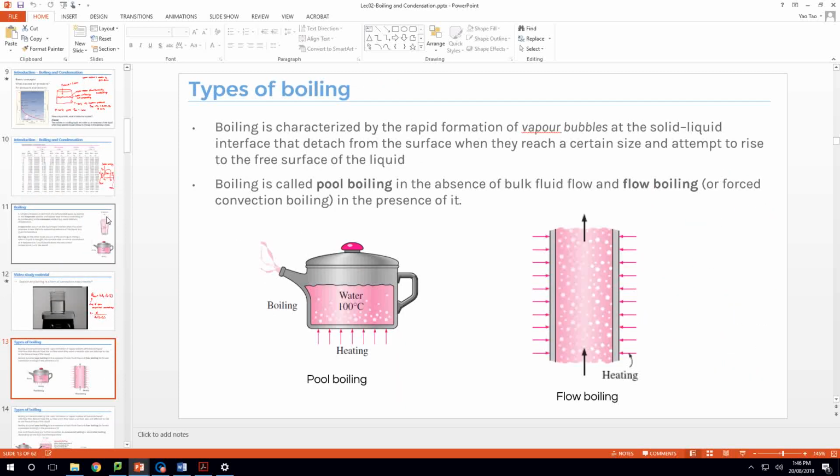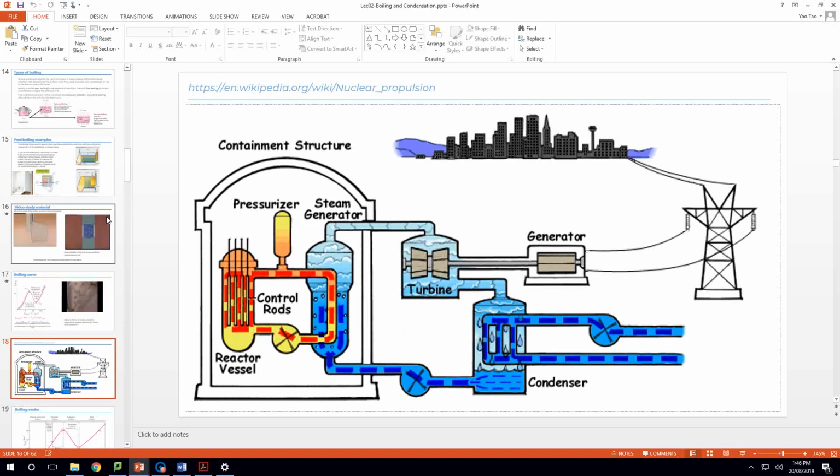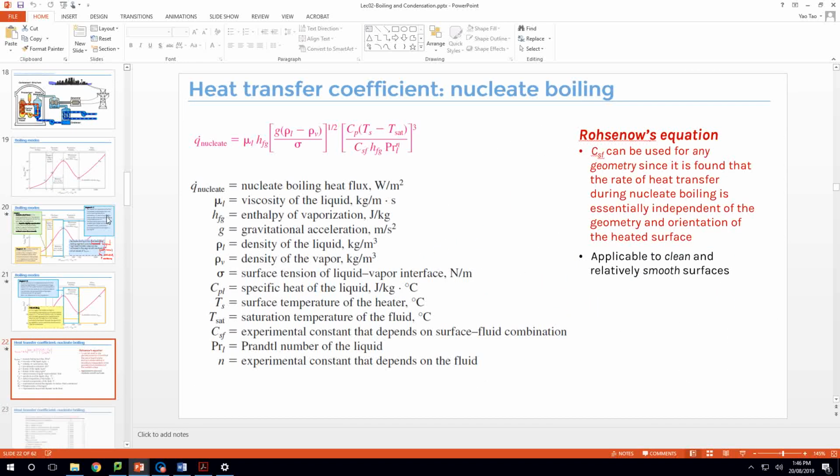And for boiling, if we are doing calculations, we know we have lots of empirical correlations provided to us. For example, this is the expression we use to calculate heat flux for nucleate boiling. And what is nucleate boiling? When should you use the equation for nucleate boiling?